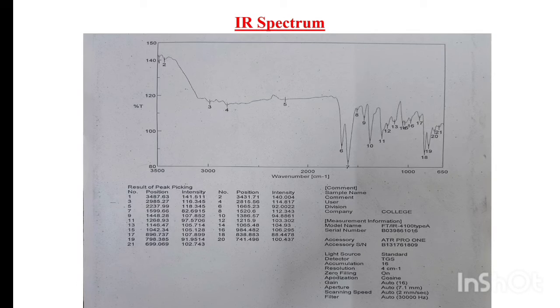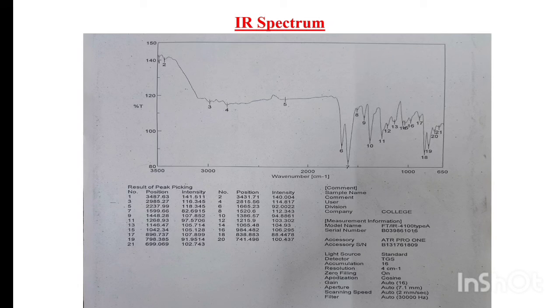So we can predict the presence of the aromatic ring. Peak number 6 shows the presence of the carbonyl group. The value is 1665.23 and the range of the carbonyl group is 1780 to 1650. Peak number 5 shows the presence of the alkyne bond. The value is 2237.99 and the range of the alkyne bond is 2100 to 2250.